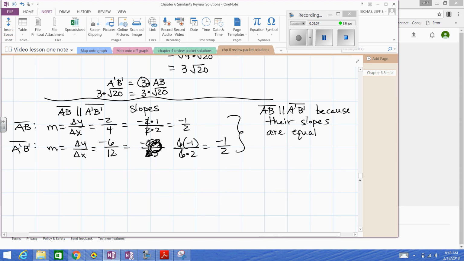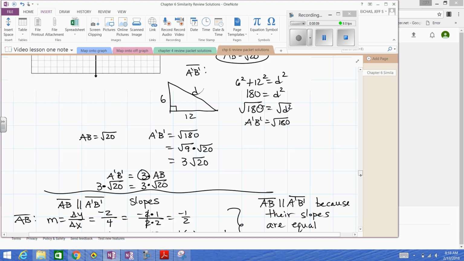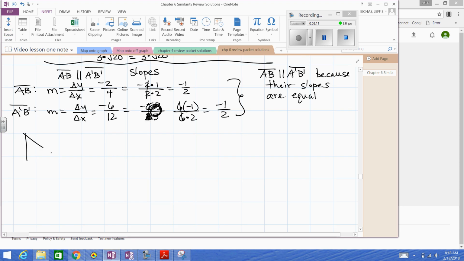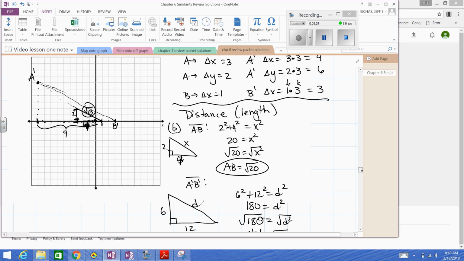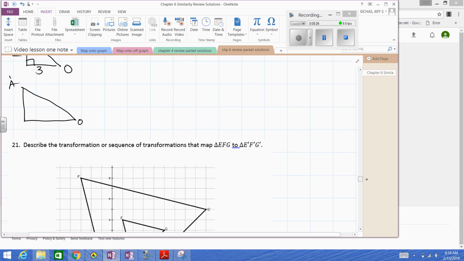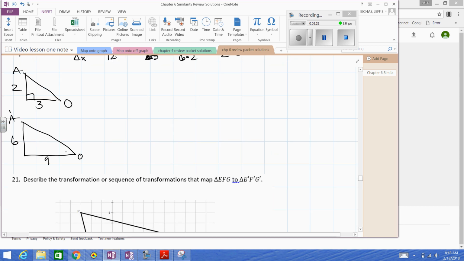So we'll calculate, looking at A to O. All right, A to O has 2 to 3. A prime to O. Let's look at that. I think that's 6 and 9, yes. 6 and 9.